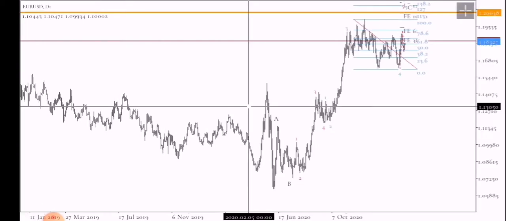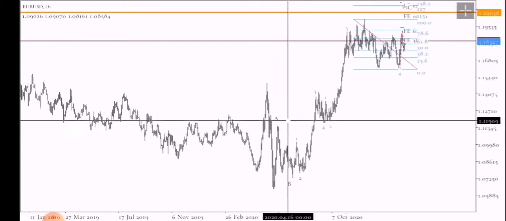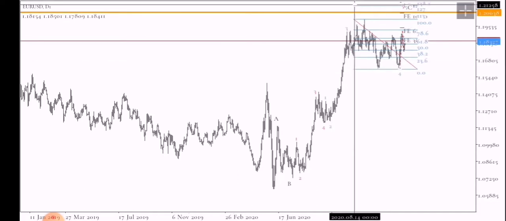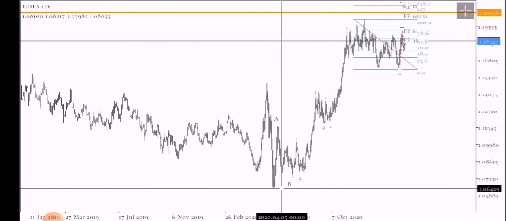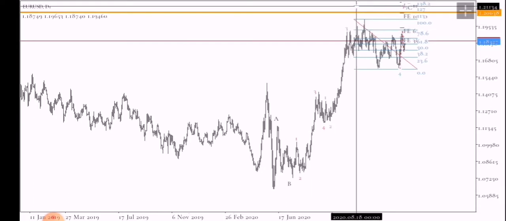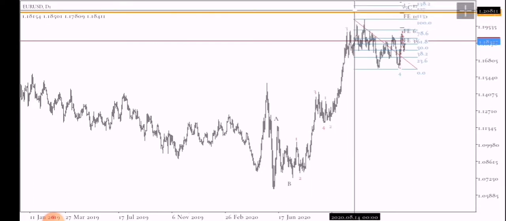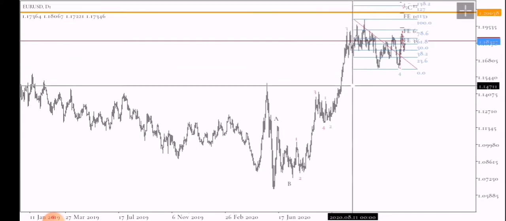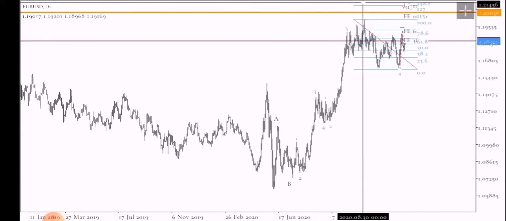Could it be that we are correcting that move or creating a new impulse move? Either way, the market has been going up from here. So either of the two can happen: either it's correcting, or it's extending to create a new leg up.